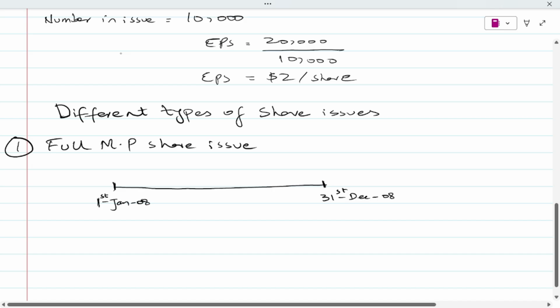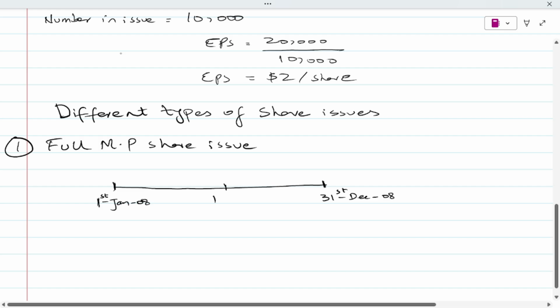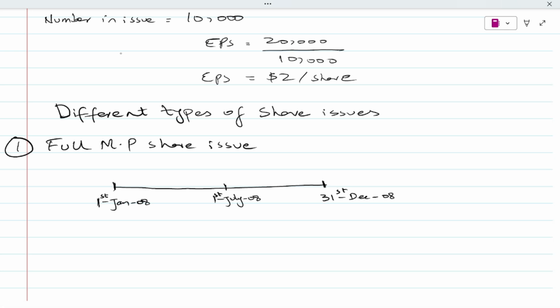Okay, and let's say right 6 months after the year start, so 1st July 2008, the company makes a full market price share issue of, let's say, 5,000 shares.